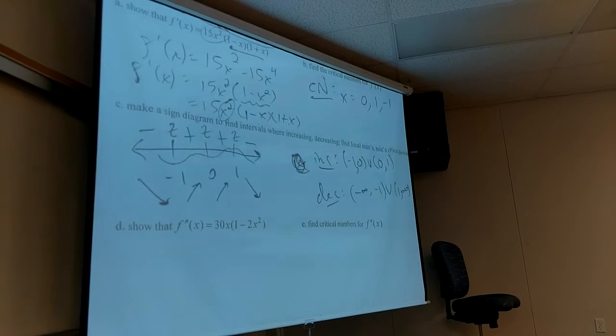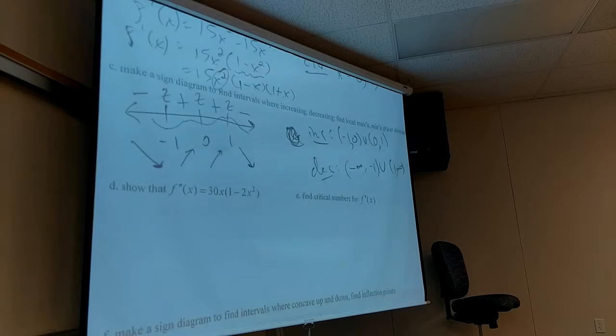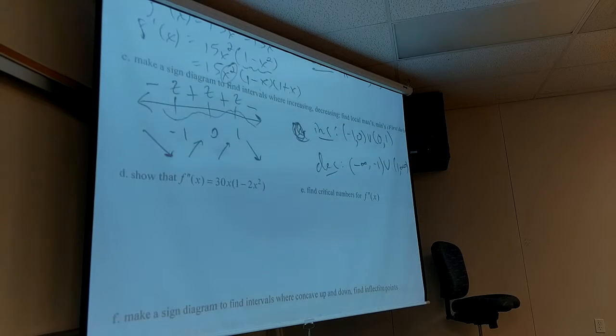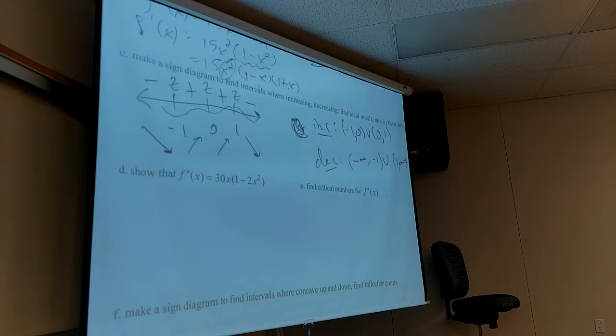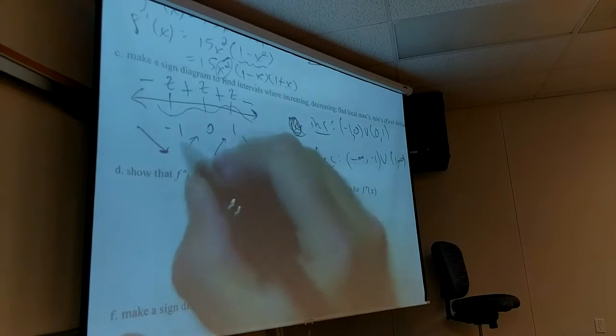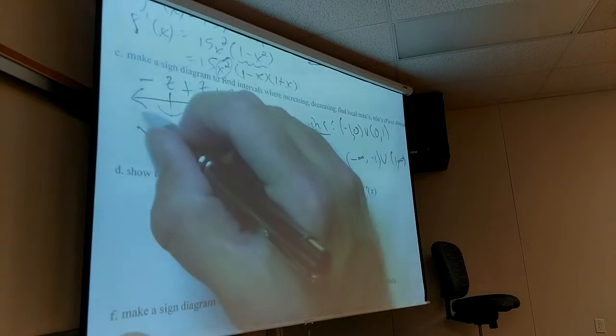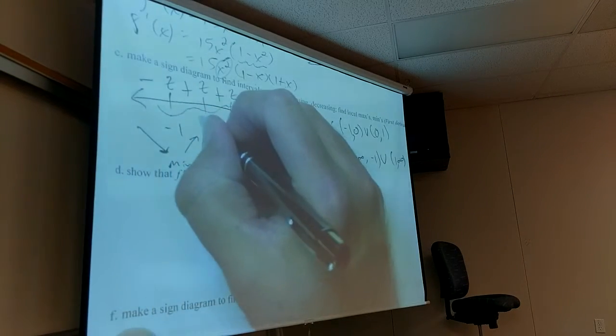Does it have a minimum? Is there a point that it's going down to and then it's coming up from? Yeah, so it's got a minimum, it's going down, and then coming back up.